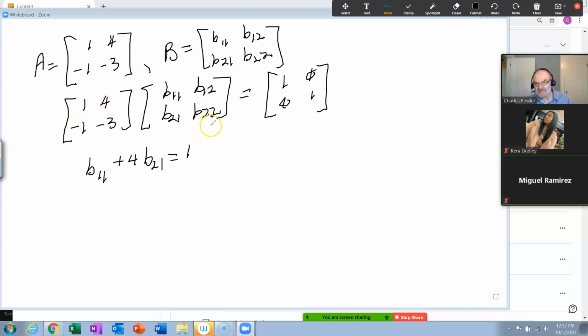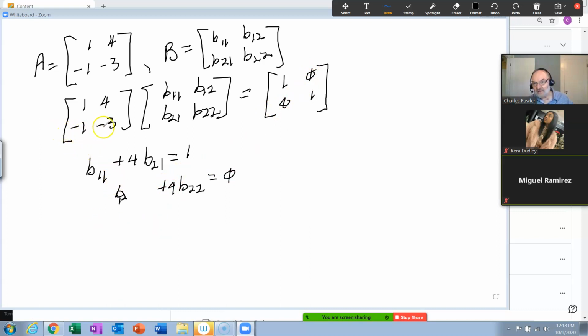This one times that one, so that will be B12, I'll start to write it backwards, plus 4 B22 has to equal 0, because that's the entry.